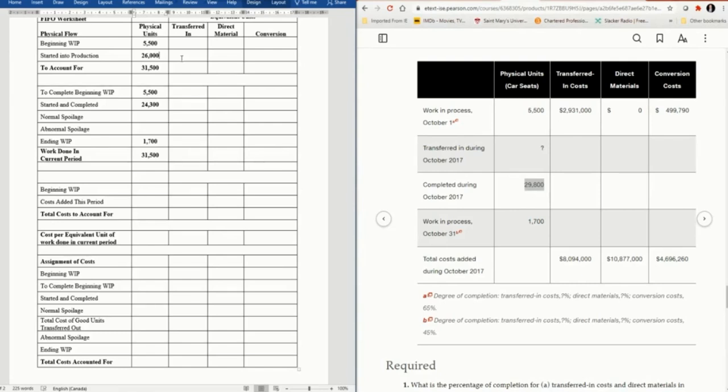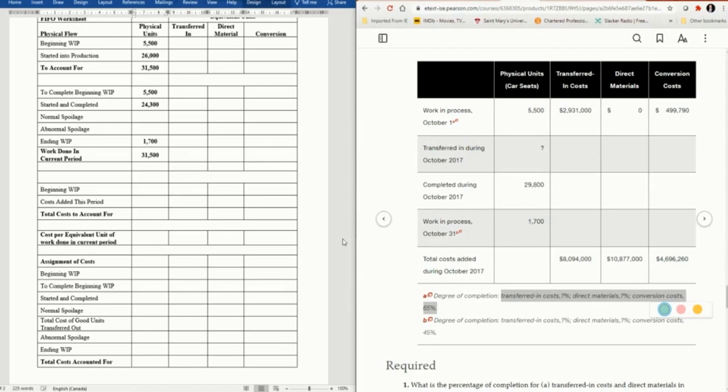Okay. Now, what do we know about beginning WIP? This footnote A says degree of completion transferred in. Oh, they give you a question mark, and 65%. Okay. Interesting.